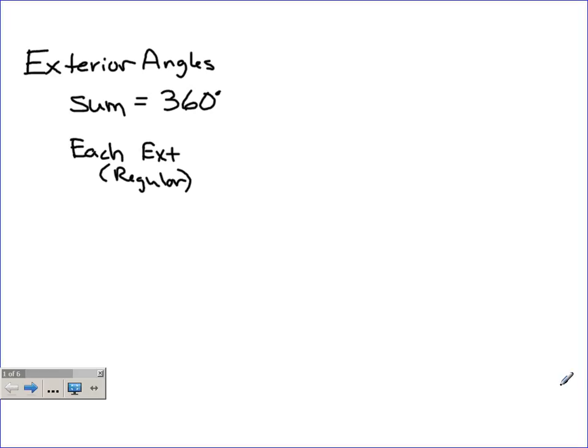Each exterior angle would be just 360 divided by however many sides you have. That only works for regular polygons.